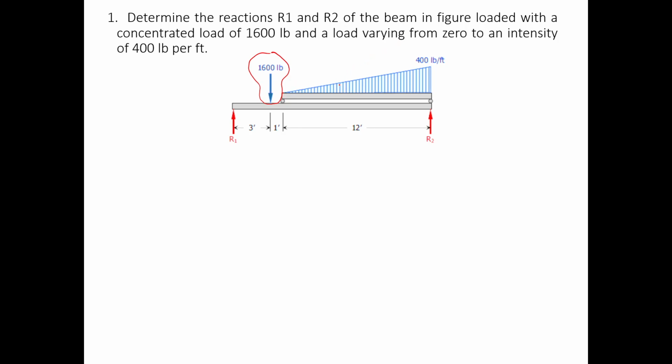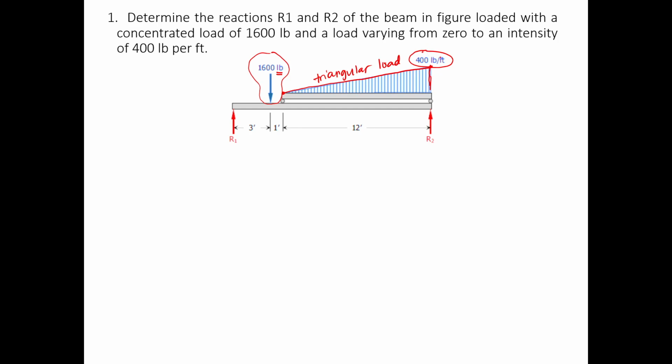This one is a triangular load, going from 0 towards the 400 pound intensity. Notice that the load is 400 pounds per foot, while the concentrated load is already in pounds. So the intensity load should be converted into a force.